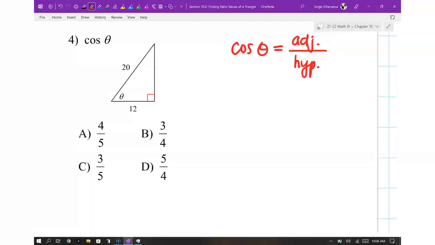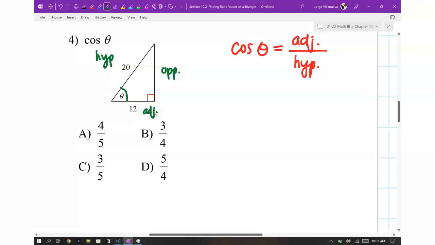Okay, so let's look at our triangle here. Let's label my sides. Which one is the hypotenuse? The 20. Okay. Which one is the opposite? The one without anything on it, right? So this is the opposite. That means that the 12 has to be adjacent.